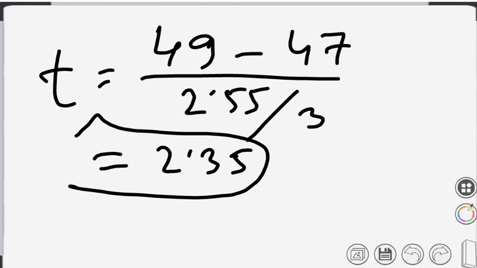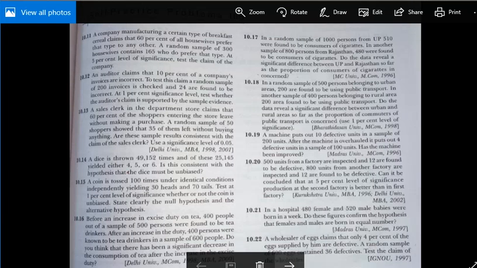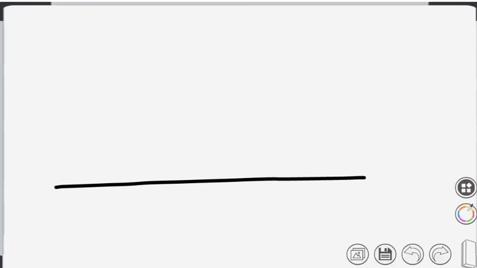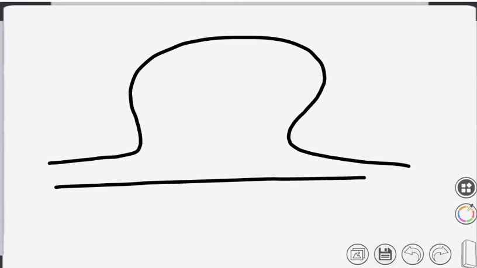So we have to look at the table of t. Yes, I have the table of t with 8 degrees of freedom. If you look at the value of t with 8 degrees of freedom in the t table, t looks like this, and it will be a two-tailed test.